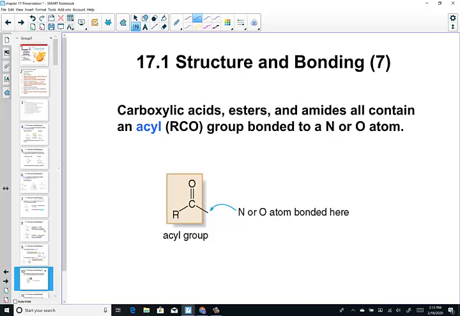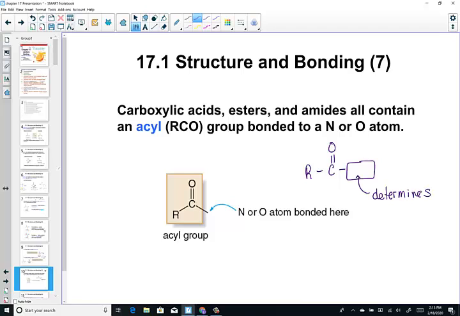Carboxylic acids, esters, and amides all contain the acyl group, A-C-Y-L, the acyl group. And you hear that called RCO. Now to just picture that, R connected to the carbonyl, connected to something else. And this right here determines what functional group you're looking at.